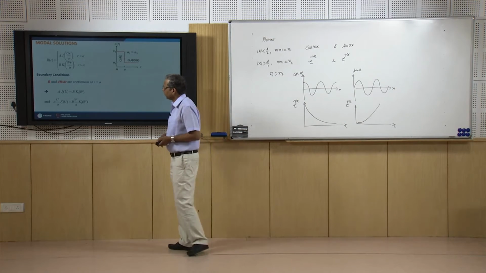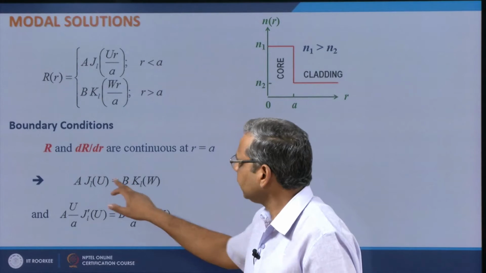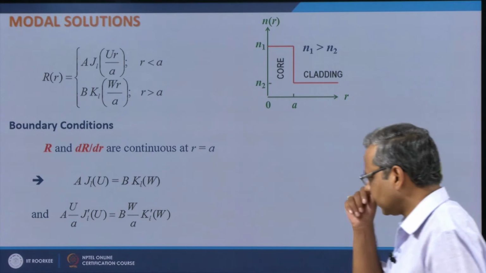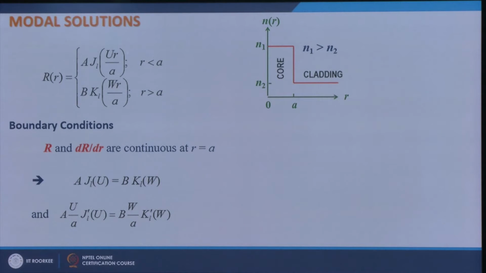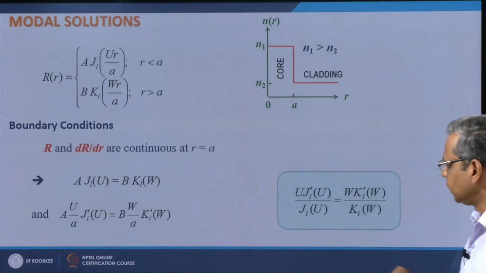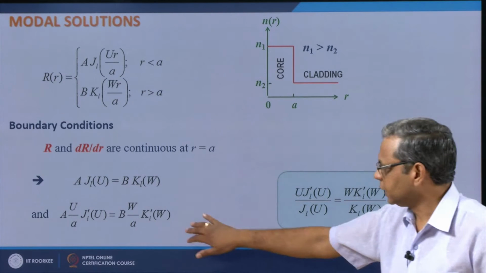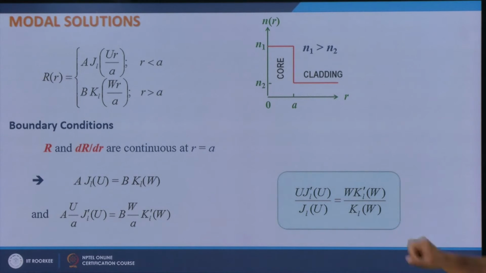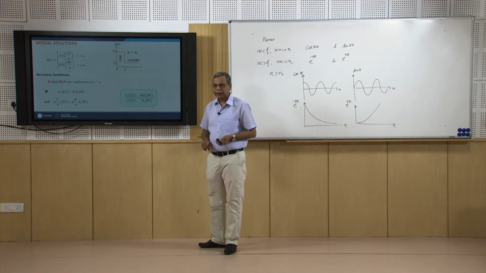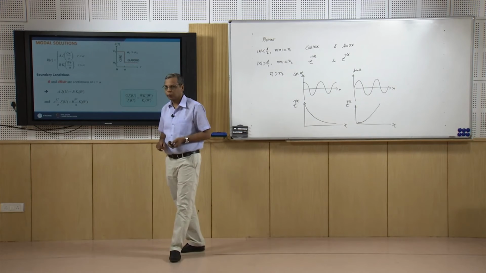So, from here I can relate B to A, and then I can eliminate A and B and get an eigenvalue equation in beta. This eigenvalue equation comes out to be, if I divide this by this, U J_L prime(U) divided by J_L(U) is equal to W K_L prime(W) divided by K_L(W). So, by solving this equation I can find out the modes of the fiber.